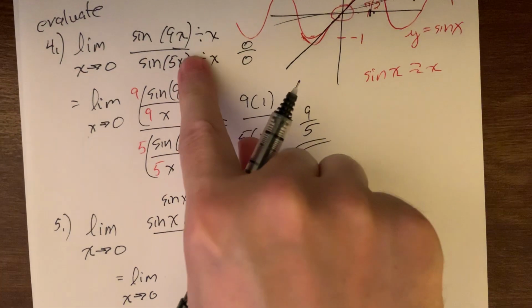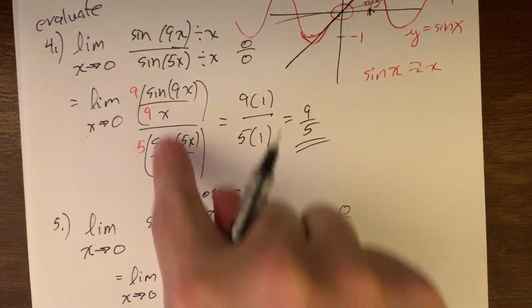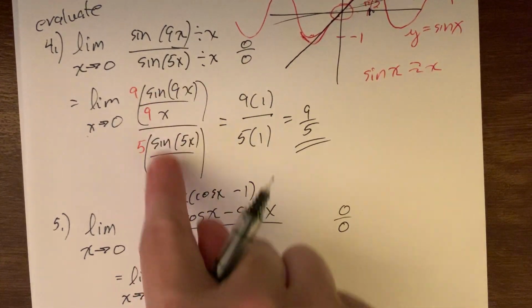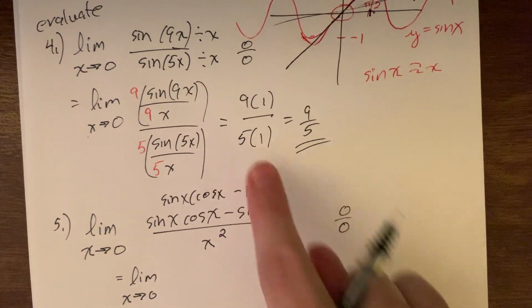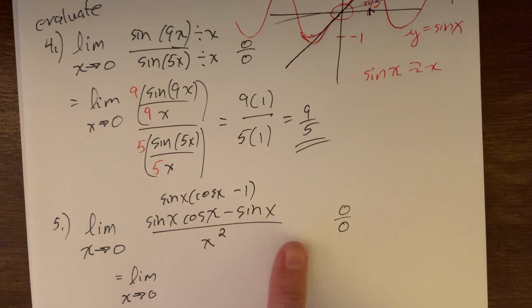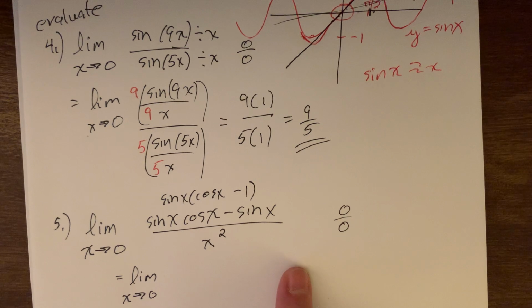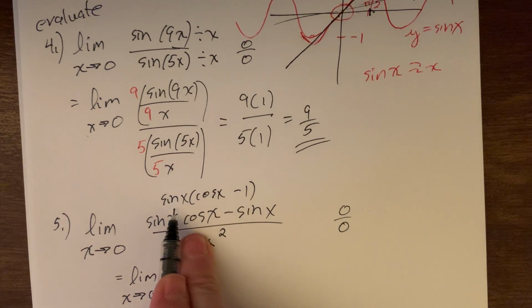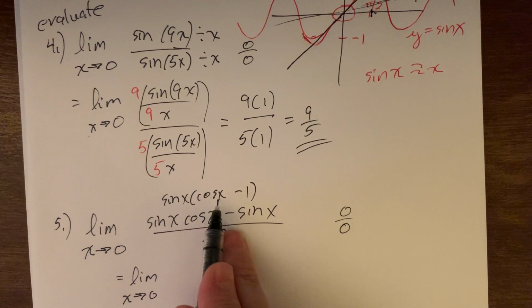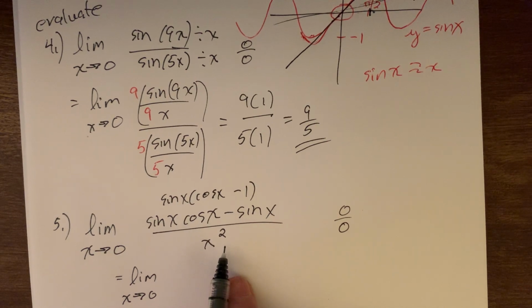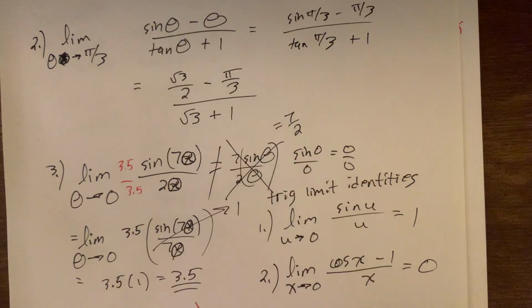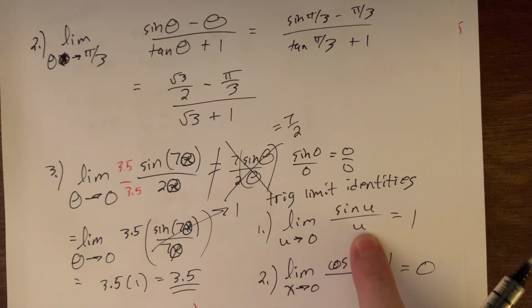How I did this one, I ended up breaking it into two big division problems, did each limit separately, and then divided the answers. Here, I'm going to break this into two multiplication problems. Look at the top. Look at these two pieces, and then look at what you have in the bottom. Realize you need an x here, and you'd also need an x here.